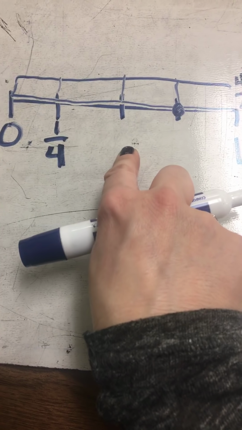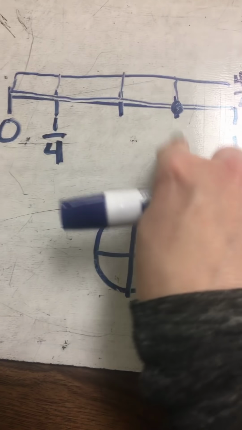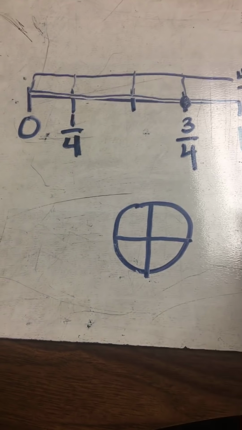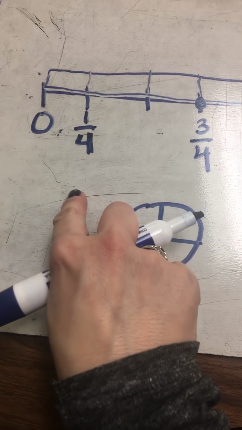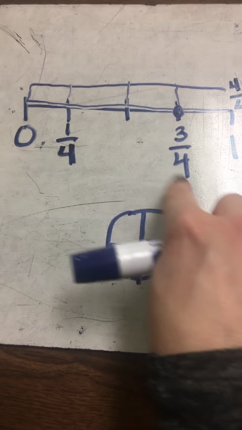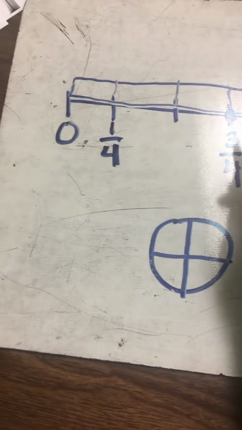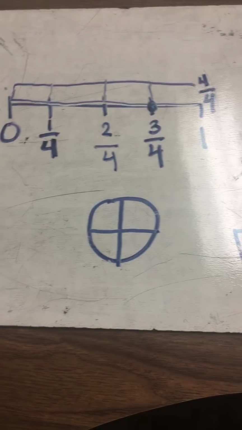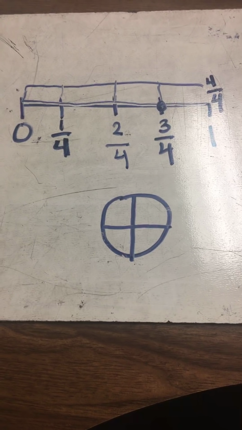That means that one would have to be the second one. That would have to be 2. That means when this point right here would have to be 3/4. What would have to be in the middle? Well, if you've got 1/4, 3/4 is right behind it. What's in between the 1 and 3? 2. 2/4. Okay, so this is going to be the next thing that we're going to work on.